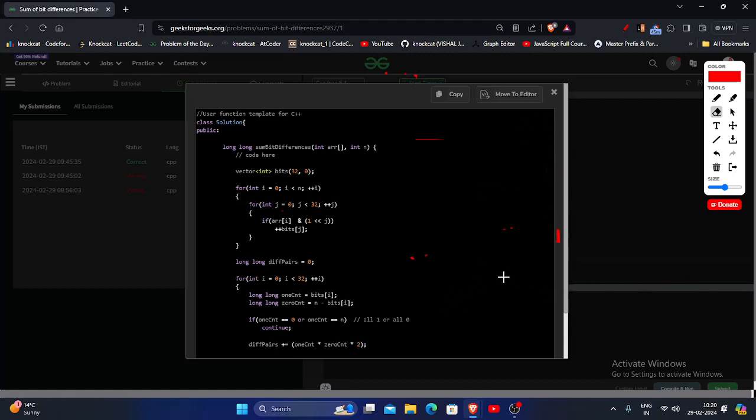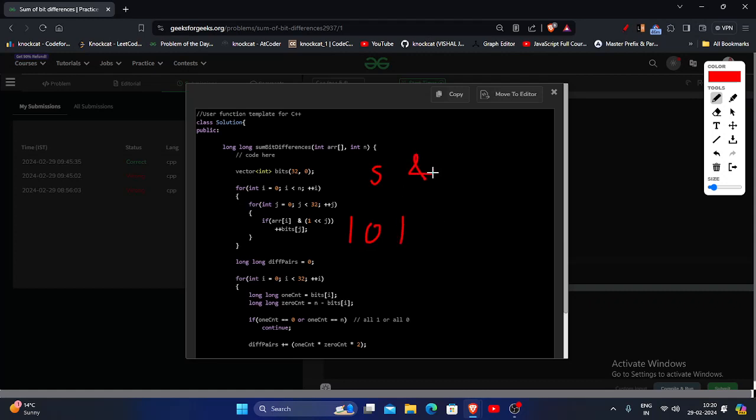This is nothing but, using this index, we are just checking if at the jth index my number has binary configuration 1 or not. So this is the syntax for that. Let's say I have 5, the binary representation of 5 is 101.